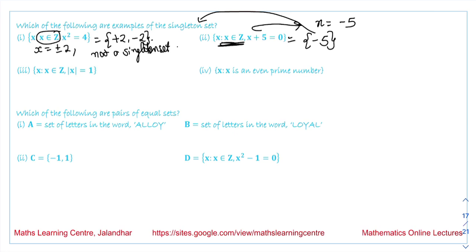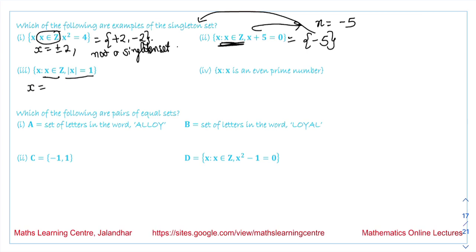Next we have mod of x is equal to 1. This definition of mod you will study in your next classes, that it is the positive value of any number. For the sake of simplicity, I am defining it in this way, that it is just the positive part or the positive value of that number. The exact definition we are going to study in our next chapter. So we are saying all those x in Z such that mod of x is equal to 1.